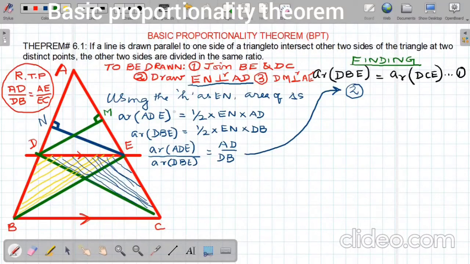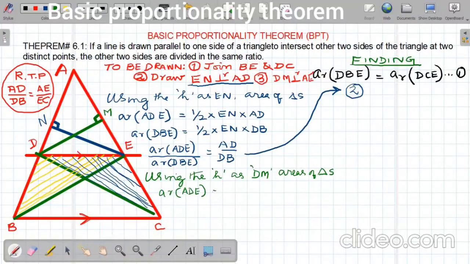Now using H as DM, the areas of triangles. Again we write the area of ADE is equal to half of DM into base AE.